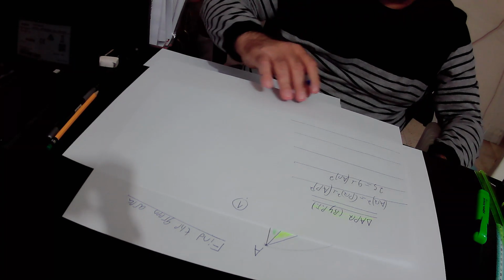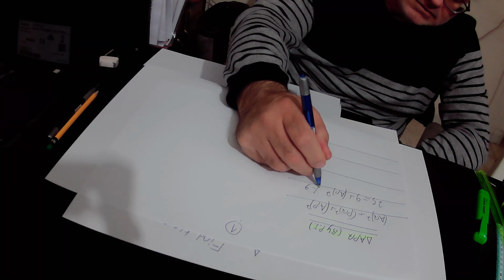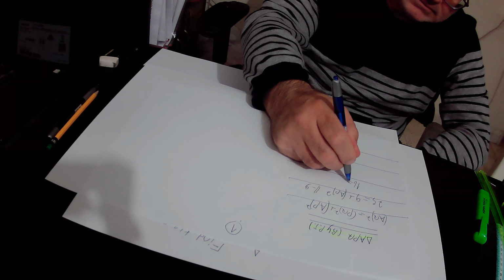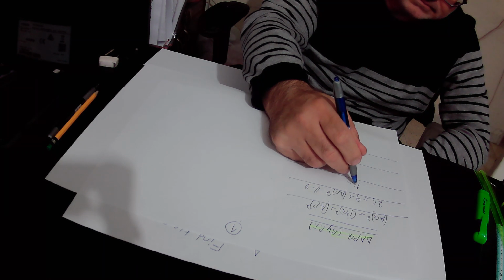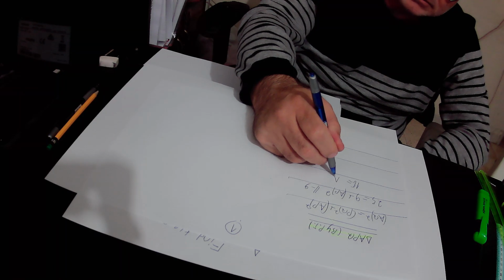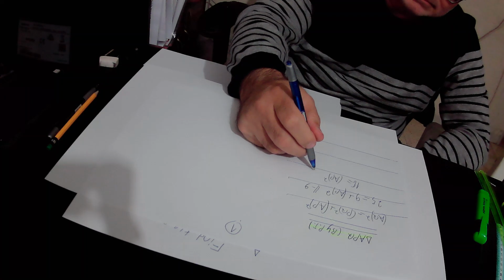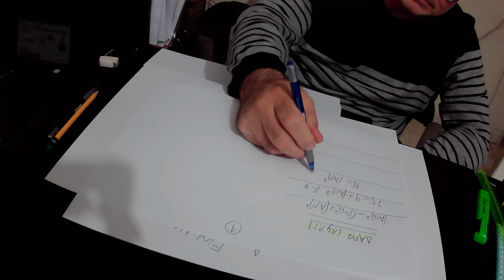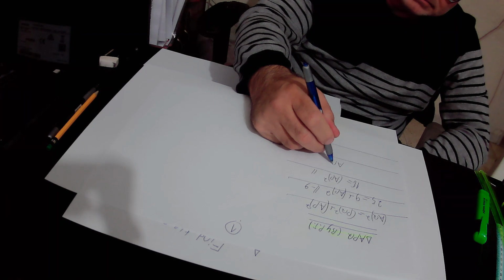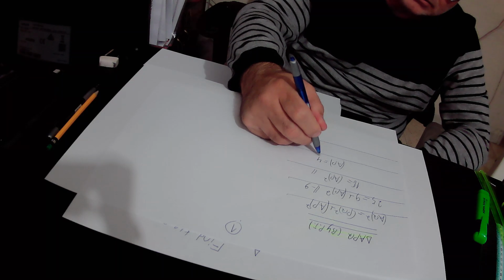We subtract 9 from this equation, and we get that 25 minus 9 is 16. That is equal to AP squared. We take a root out of this equation and we get that AP equals the square root of 16, that is 4.